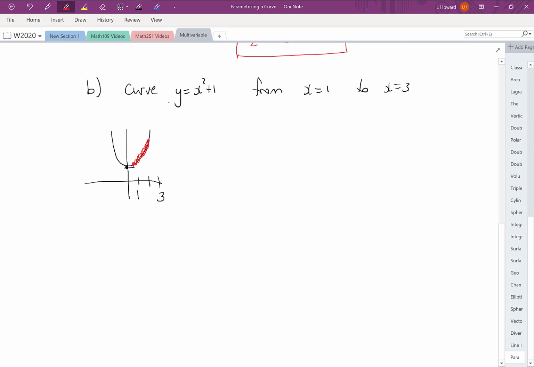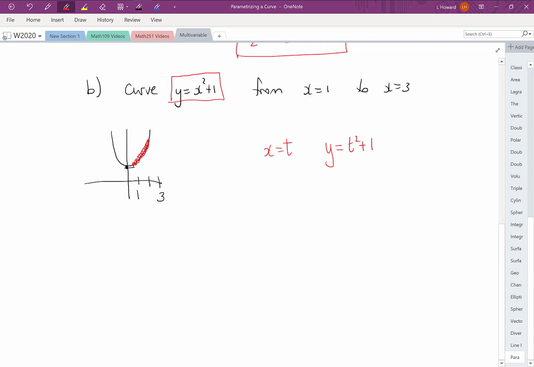Well, whenever you have a curve in the form y equals a function of x, an easy parameterization to choose is just to say x equals t, and then y equals whatever our function of x is. Just replace the x with a t to get everything in the language of t.